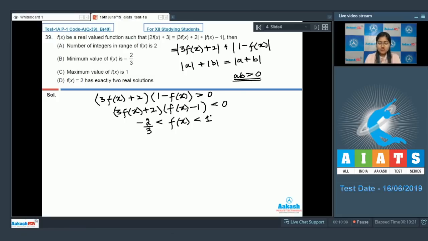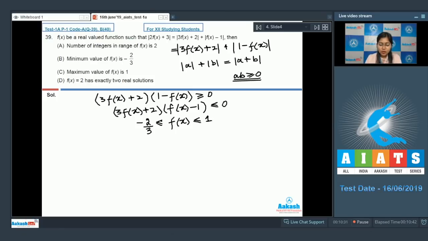Now we have to check the equality part also. See here, if either a is equal to 0 or b is equal to 0, then also the statement will be true, which means that here we will have equality sign. So we can say that f(x) is going from closed minus 2 by 3 up till 1.